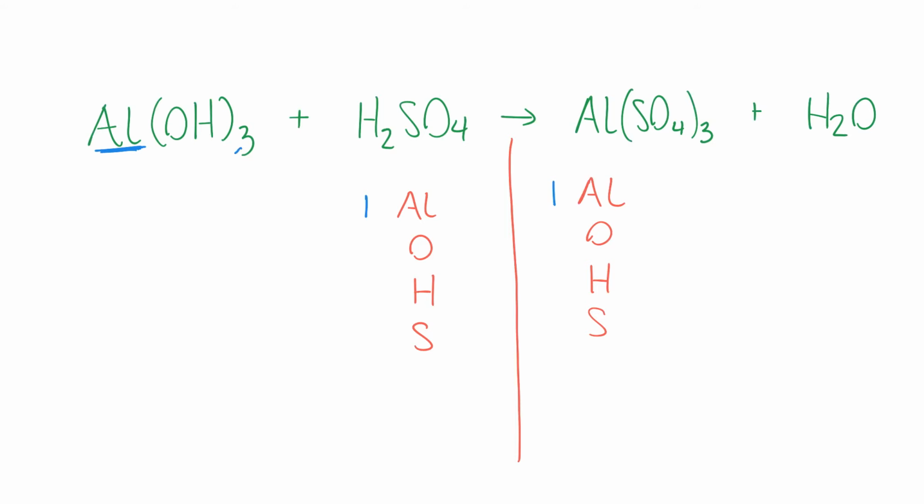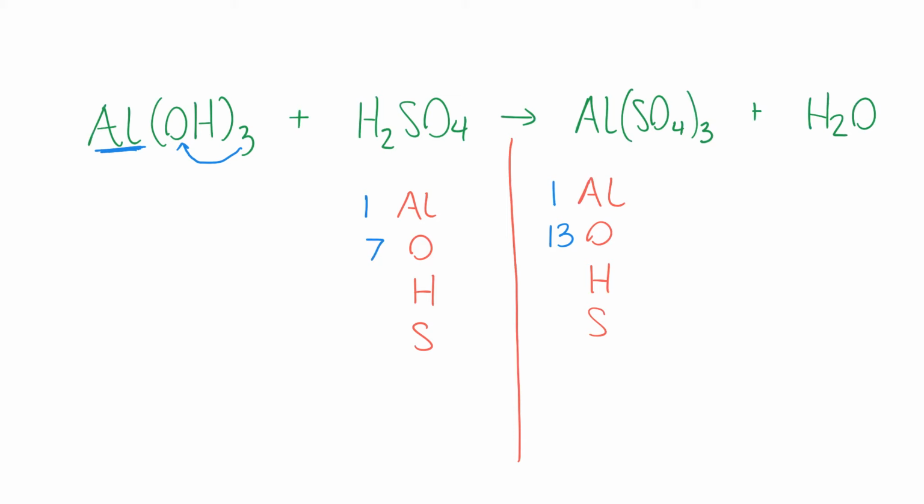Oxygen. This 3 impacts the entire OH. So there's 3 oxygen. But look, here's 4 more because we're counting totals. So that really means we have 7 oxygen. On the product side, we have 3 O4s, which is 12, plus another one, that's 13 oxygen.